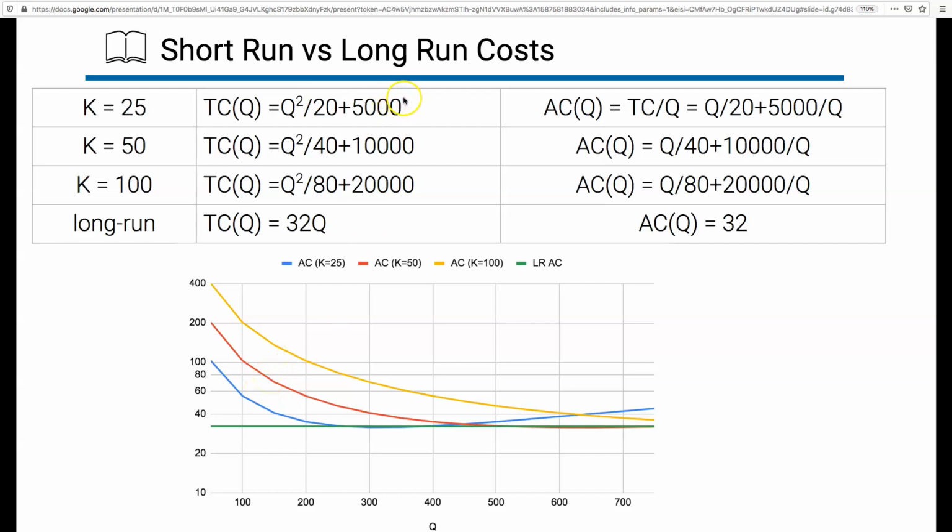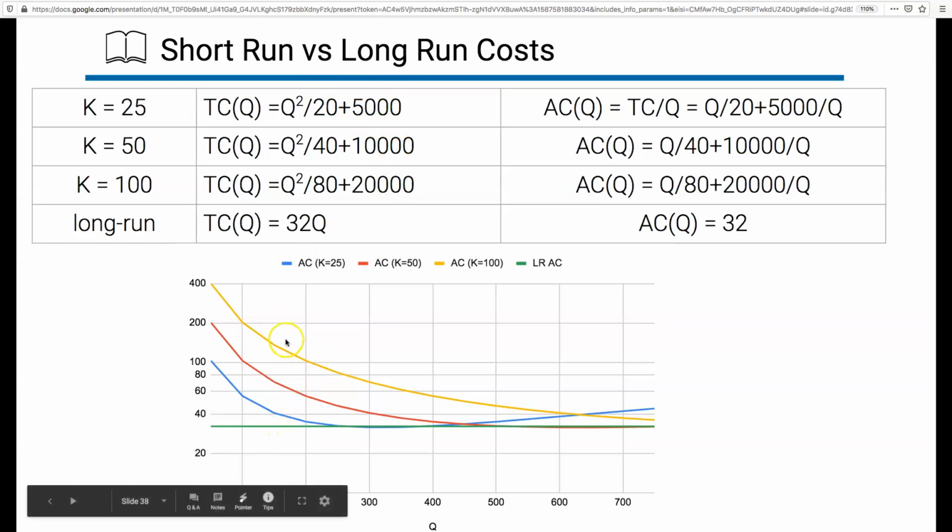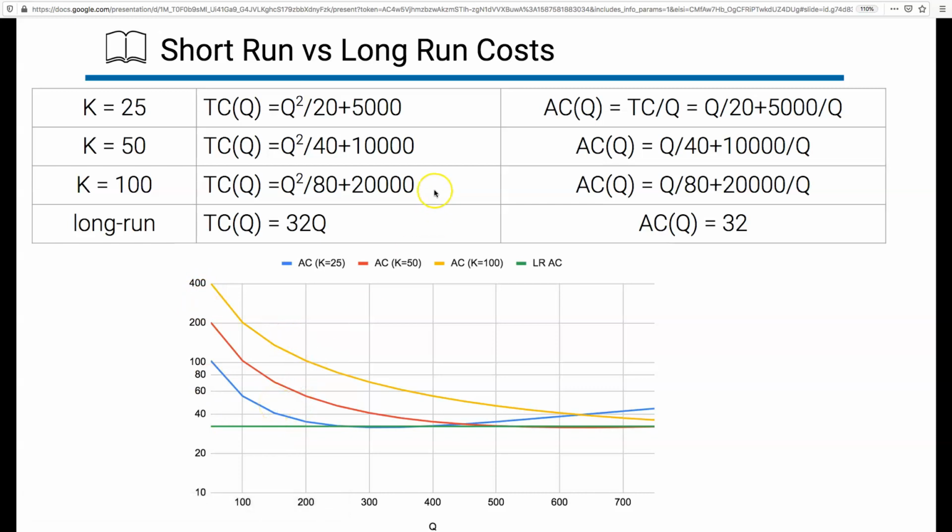We see that we start with a fixed cost of 5,000, and then it's 10,000, and then it's 20,000. So clearly, producing very little is more expensive when you have more capital. On the other hand, as we increase capital, our variable cost component falls from q squared over 20 to q squared over 40 to q squared over 80.